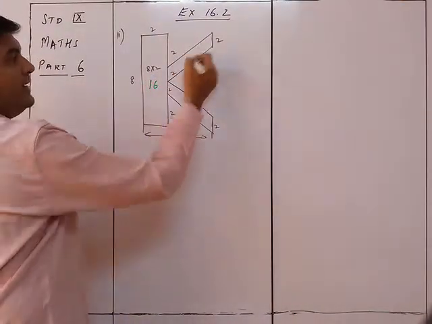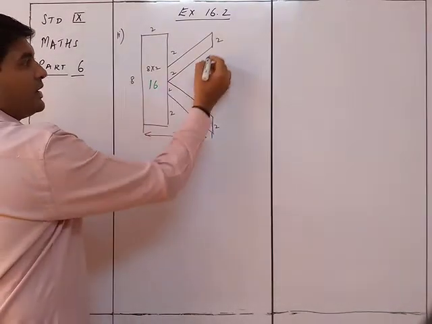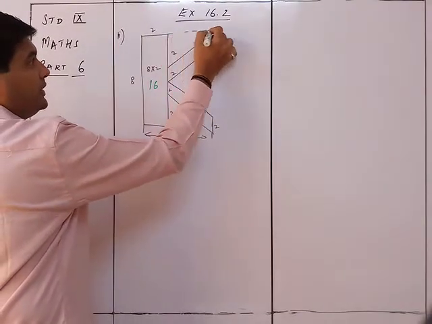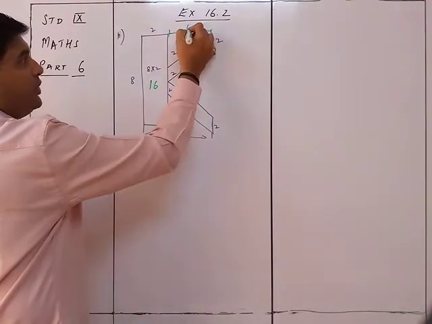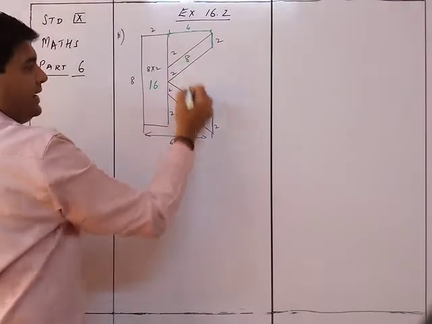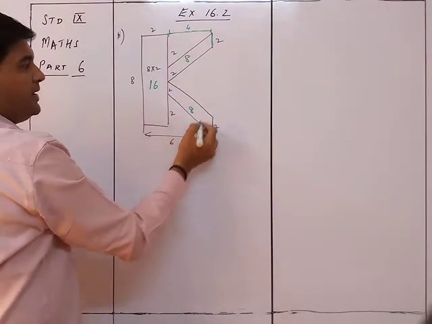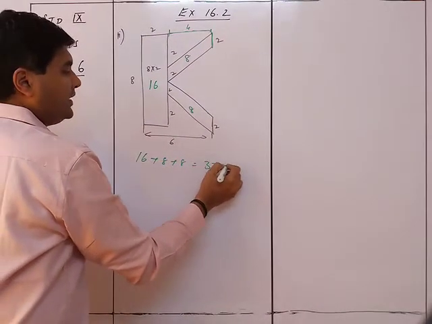Now this one is a parallelogram. What is the height of the parallelogram? From here to here is the height. So if this complete thing is 6, this will be 4. So this will be base into height, 4 into 2, so this will be 8. Again base into height, this will be 8. Therefore the total will be 16 plus 8 plus 8 is equals to 32 centimeters square.